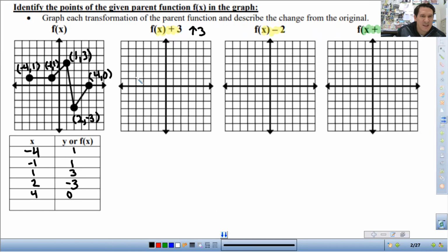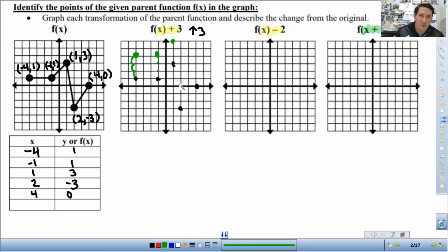All right. So let's actually look at this. I think it's a little easier if you put the parent function in there real quick. So I'm going to plot those points so we can see where the original points are. And then from each of these, I'm just going to go up 3 from each of these original points. So up 1, 2, 3. There's the new point. Up 1, 2, 3. Up 1, 2, 3.